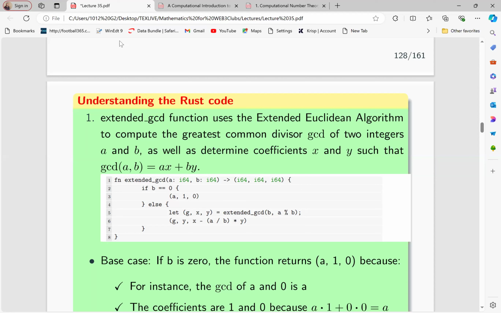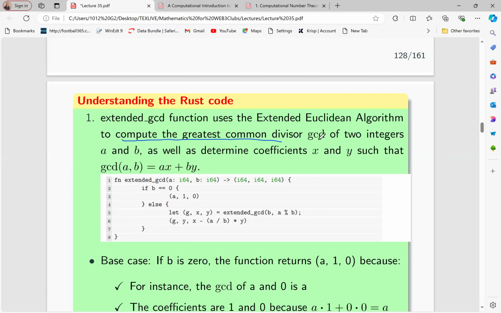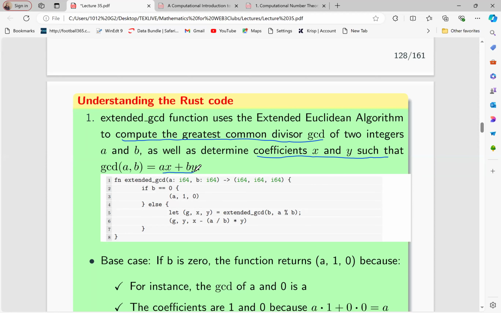Now, this function, as we already said, has two roles. The first role is to compute the GCD. The other role is to determine the coefficients X and Y, so that this GCD can be written in terms of A and B. So the GCD can be written as AX plus BY.